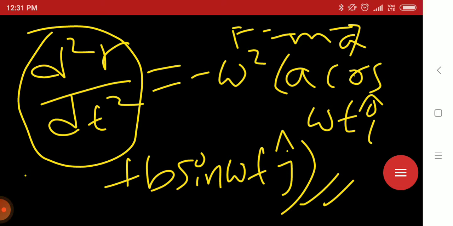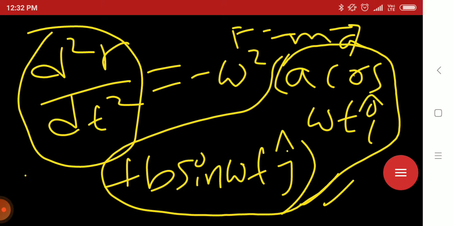After the double derivative we get minus omega square times a cos omega t i cap plus b sin omega t j cap.